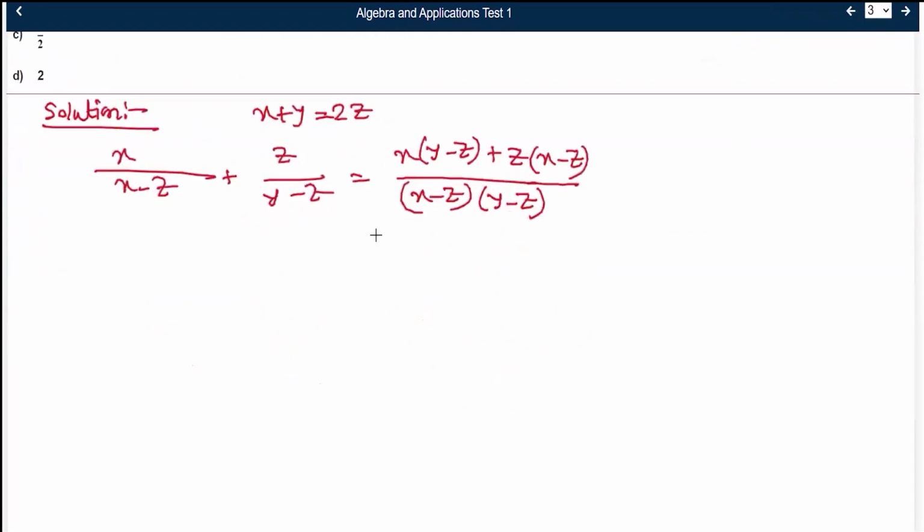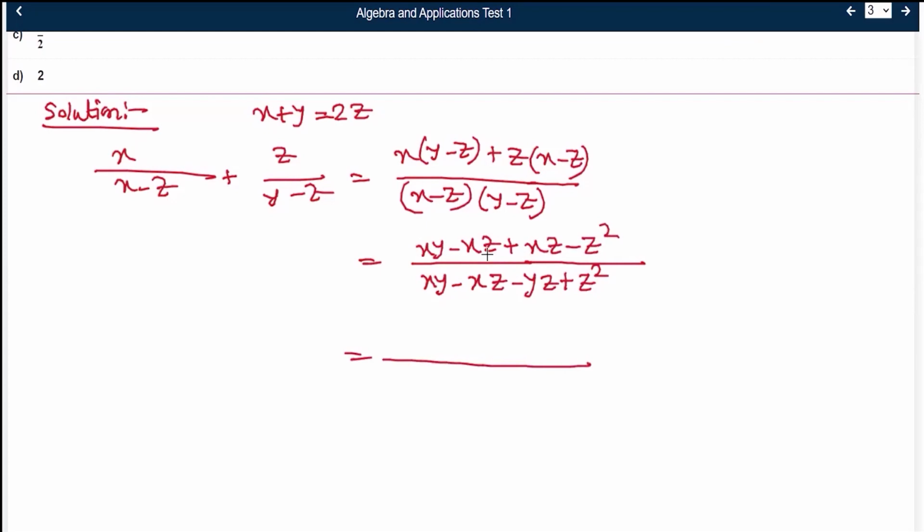Next, let's drop the brackets and do the multiplication over here. So it becomes xy minus xz minus yz plus z square. And in the numerator, we will get xy minus xz plus xy minus yz, correct? Now look here, in the numerator both minus xz and plus xz get cancelled, so xy minus z square.